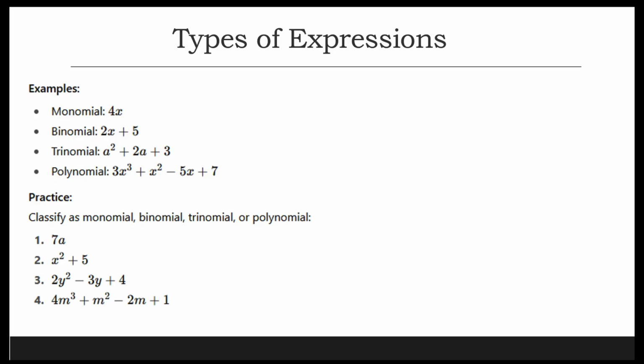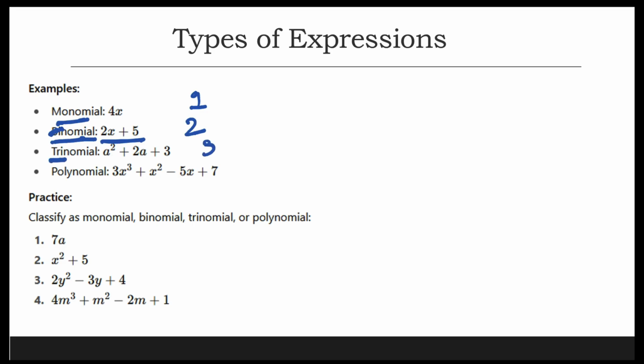Now, types of expression, as the name itself suggests, mono. Mono means one. So if there is an expression which has got only one term, then that is a monomial. Binomial, bi, what does bi mean? Bi means two. So if there is an expression which has got two terms, then that would be binomial.